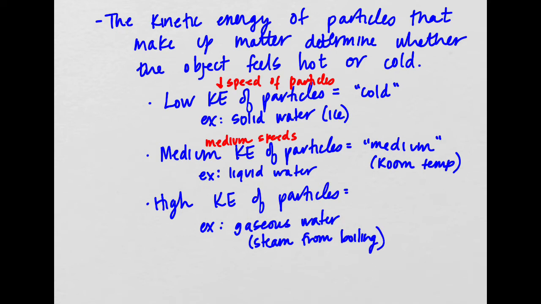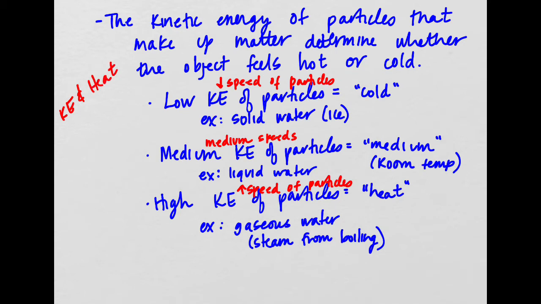The reason for that is because the steam, the gas water, is traveling at a super high speed. The particles that make up the water are traveling at super high speeds. So the speed of particles is high, and this is why we feel heat. All right? So this is the relationship between kinetic energy and the idea of heat.